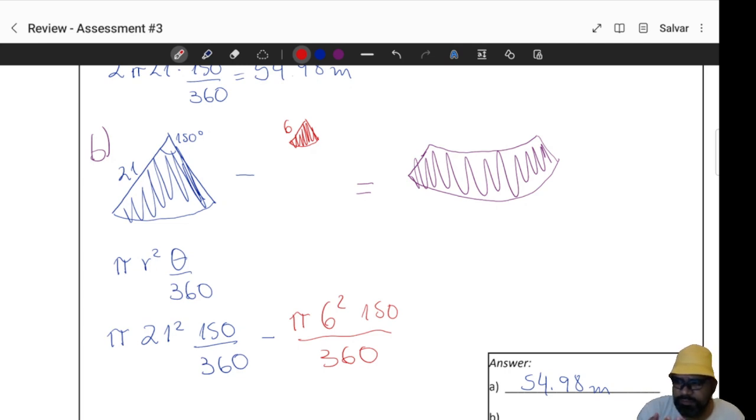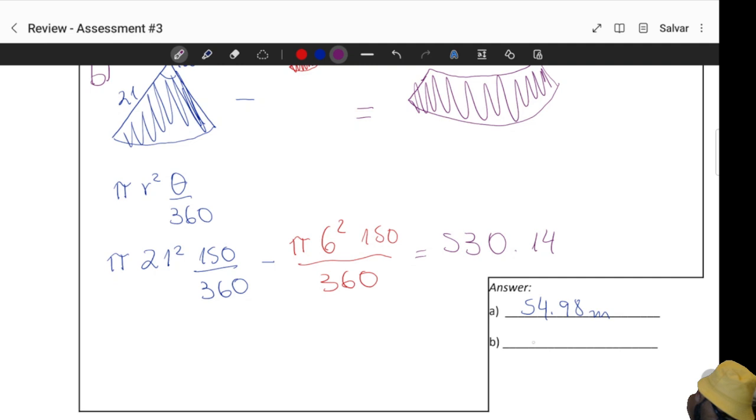Subtracting both, we get the final result of 530.14. And the final answer is 530.14 meters squared. Great, that's our assessment.